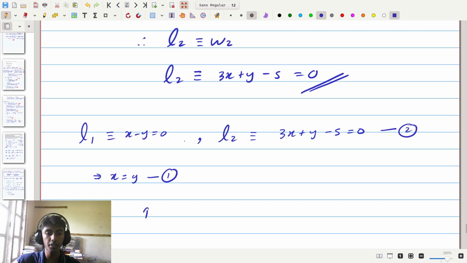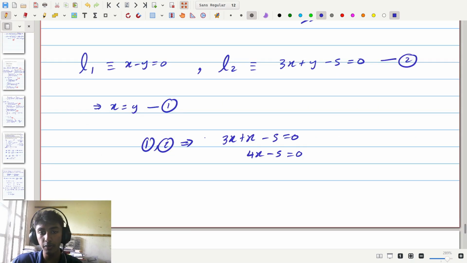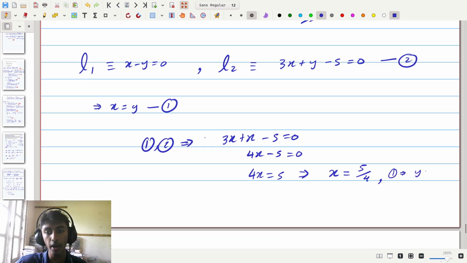If we combine 1 and 2, we substitute x for y, we are going to get 3x plus x minus 5 equals 0, which means 4x minus 5 equals 0, which means that 4x is equal to 5, which implies that x is equal to 5 over 4. And if x is equal to 5 over 4, then from 1 we can see that y is also equal to 5 over 4. So the point x equals 5 over 4 and y equals 5 over 4 is the intersection point of L1 and L2.